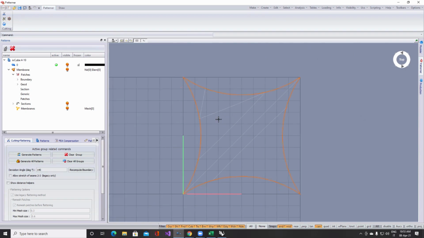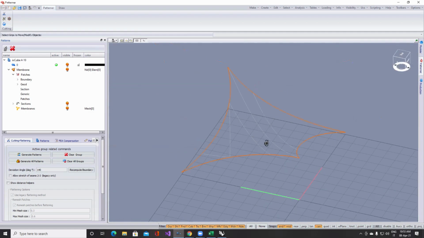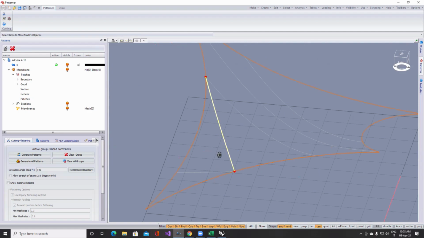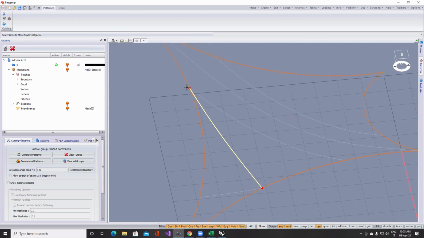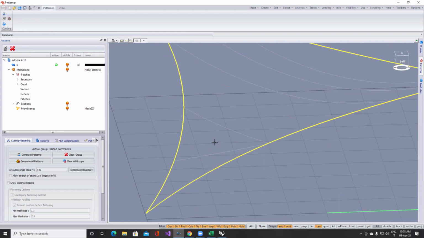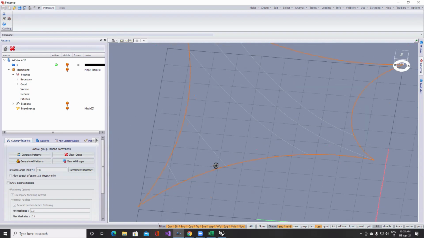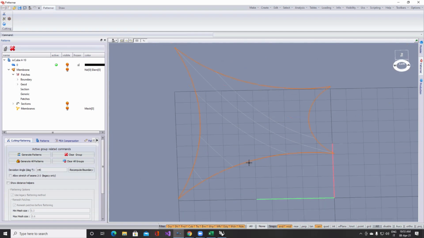So escape. So I have generated these crazy curves. These are geodesic curves. And you see, as soon as I click on one of them, we can still select the endpoint of the curve and move it, and it will move the geodesic to another place. Like that. So these will be my cutting curves.